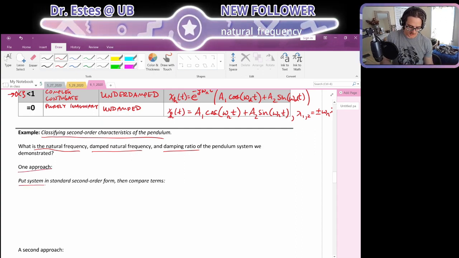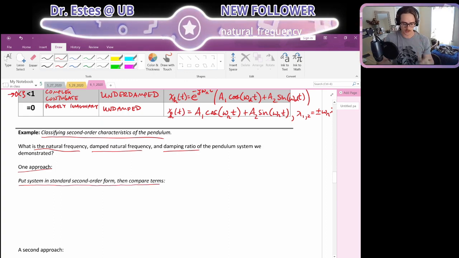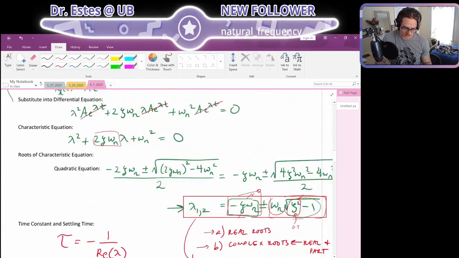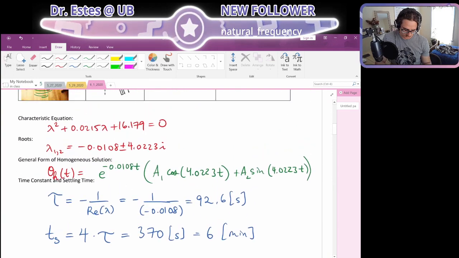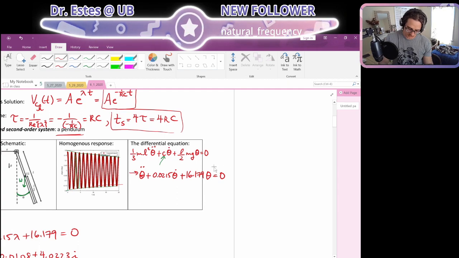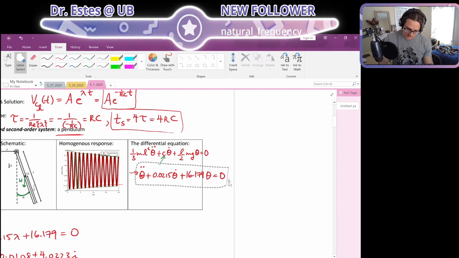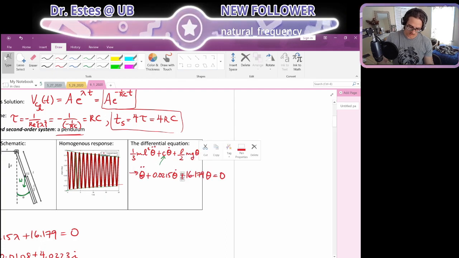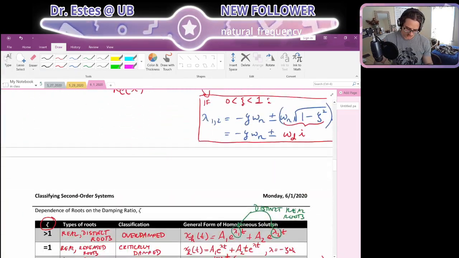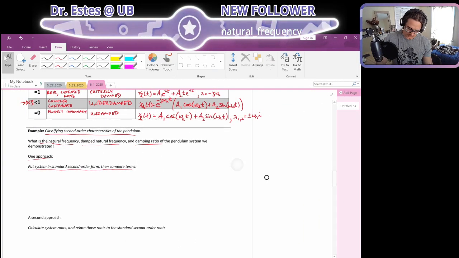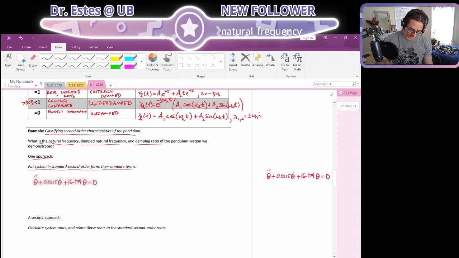So the first approach is to put the system in the standard second order form and then compare terms. Let me show you what I mean. I'm going to copy this. So this was our equation for the pendulum. Copy. Paste. And bring it over here.